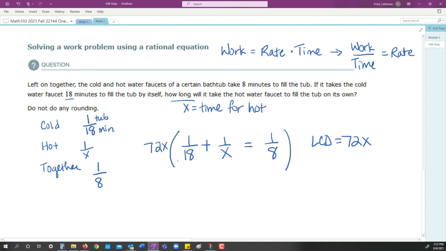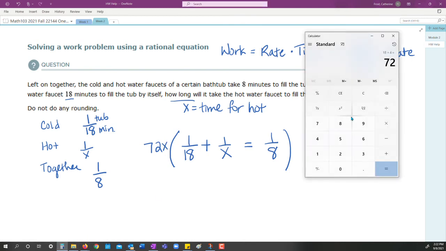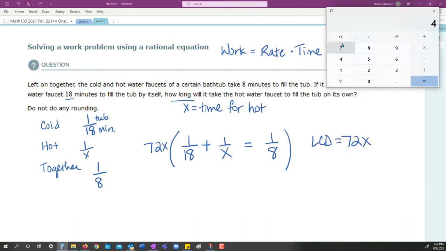Okay, so 72 cancels the 18. If I divide 72 by 18, I have 4. So I'm going to get 4x. And then plus, now the x is canceled, so I'm left with just 72.